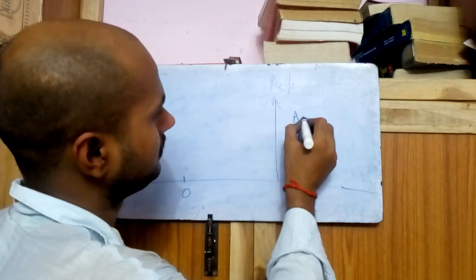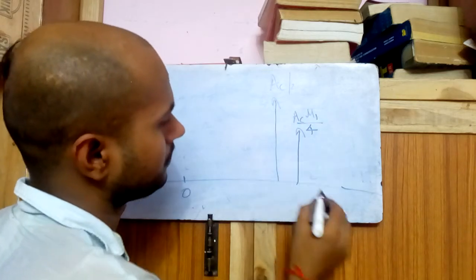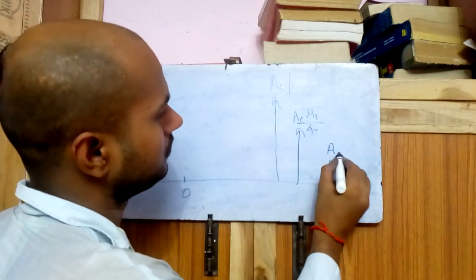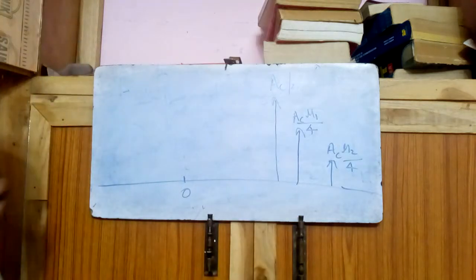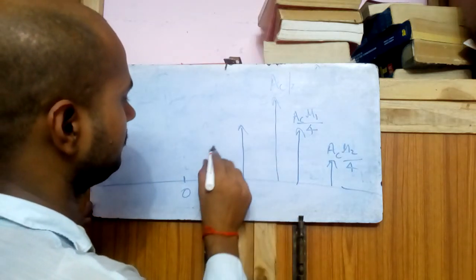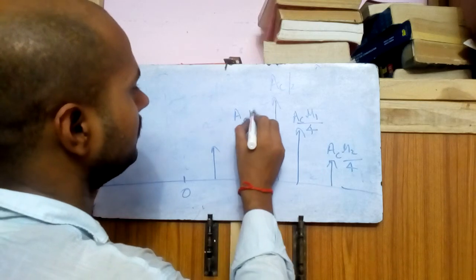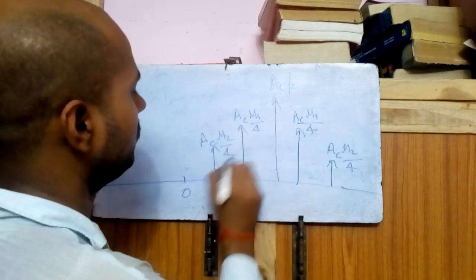This is Ac mu1 by 4 and Ac mu2 by 4 if mu1 is greater than mu2. Like same here, Ac mu1 by 4, Ac mu2 by 4.